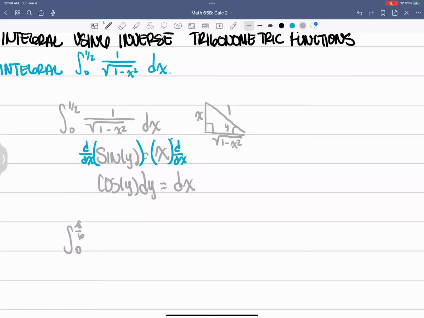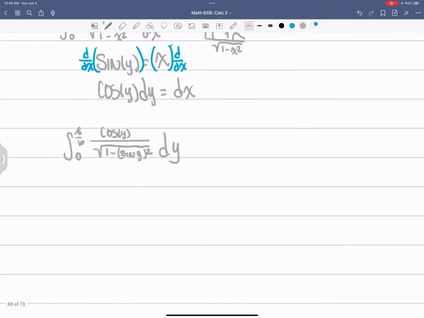We can throw cosine y in the numerator. In the denominator, we have the square root of 1 minus sine y squared. Not dx, but dy. All right, things are looking a little bit better.